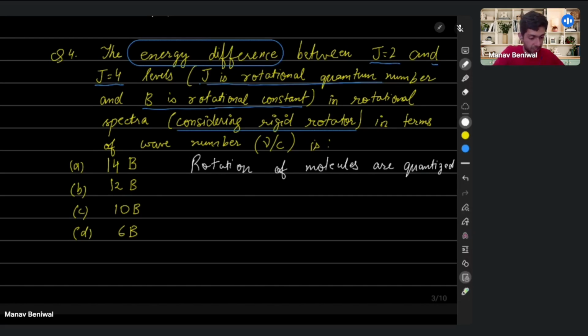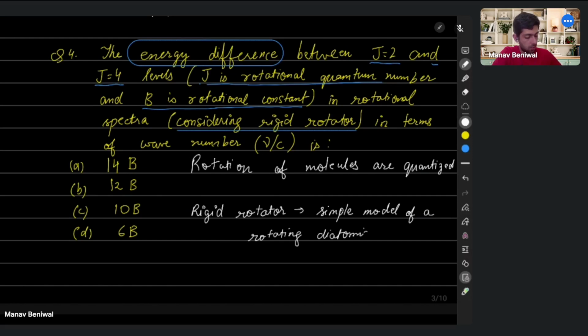For a rigid rotator, let's say, what is a rigid rotator? It is a simple model of a rotating diatomic molecule.